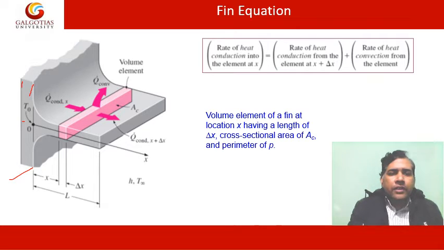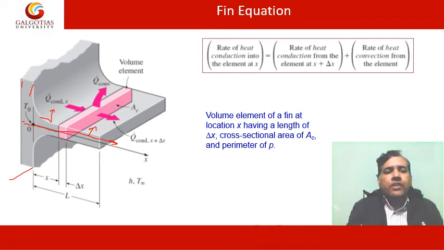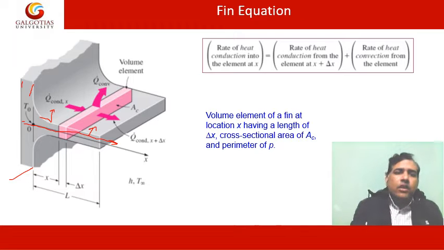And if we add this fin on this surface, the heat will be conducted throughout this body, and throughout this surface heat will be transferred to the atmosphere through convection. So heat transferred through convection is increased because the area of the surface from where the heat can be transferred is increased.